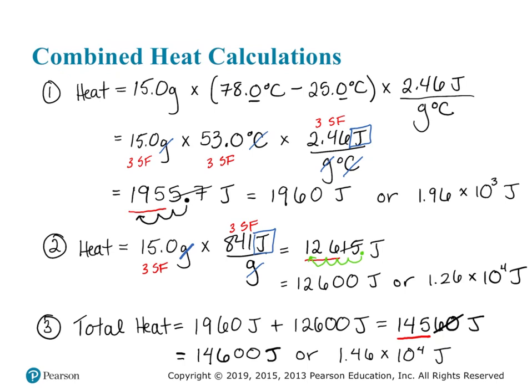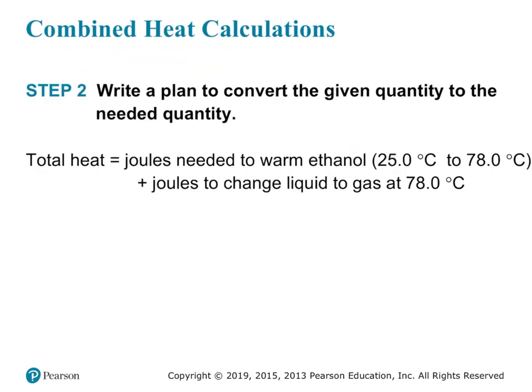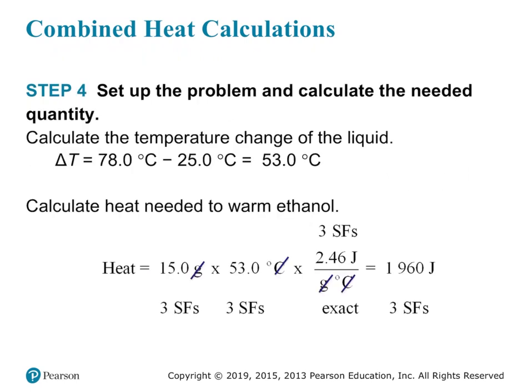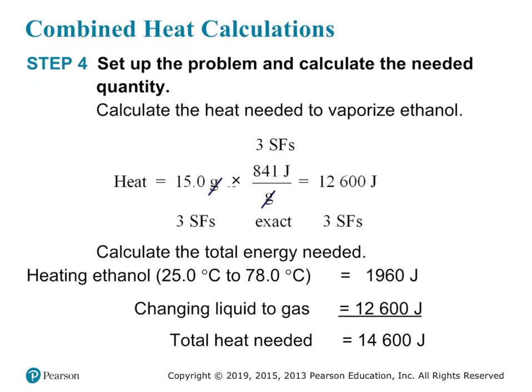So whether we're increasing the temperature of a state of matter, or if we're boiling or melting, etc. Okay, so overall, we need 14,600 joules of heat in order to increase the temperature of our liquid ethanol to its boiling point and then boil it. And here are the solution slides if you want to look at those later.